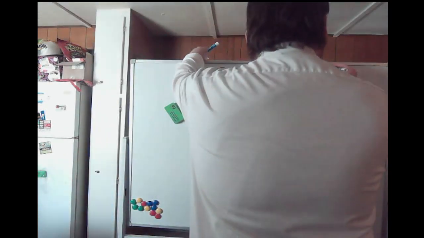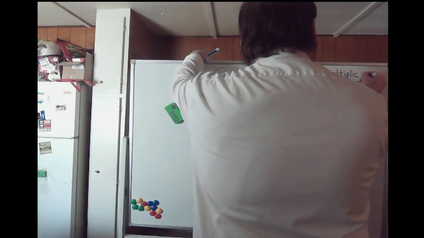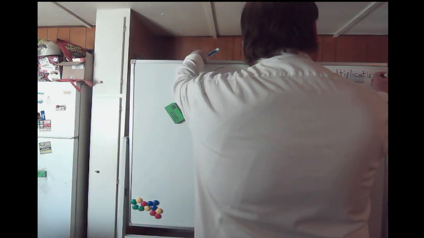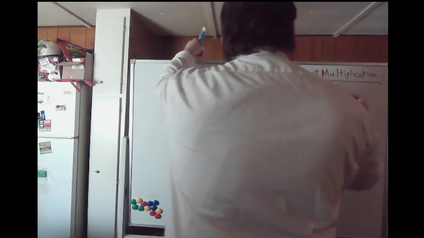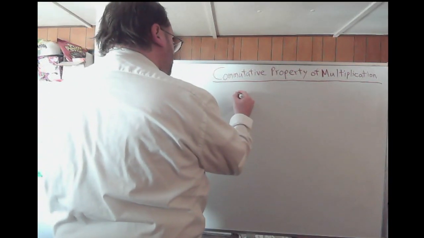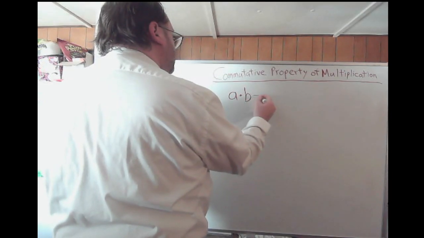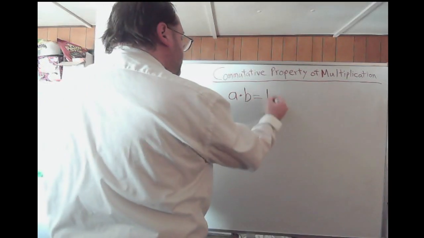So commutative property works for addition. It also works for multiplication. We've got the commutative property of multiplication. That's saying a times b is equal to b times a.